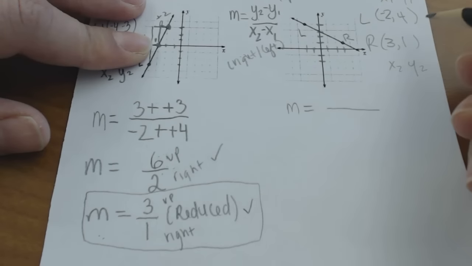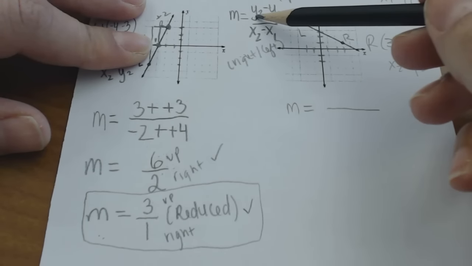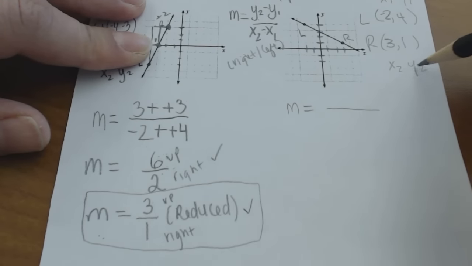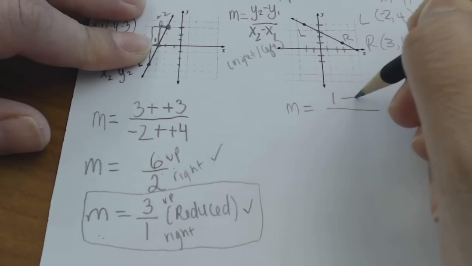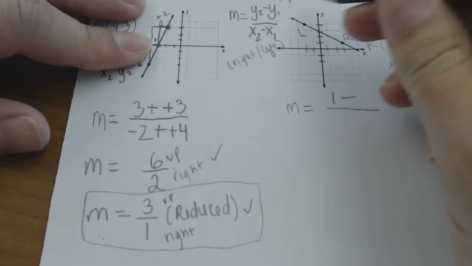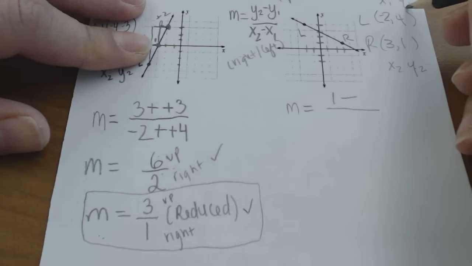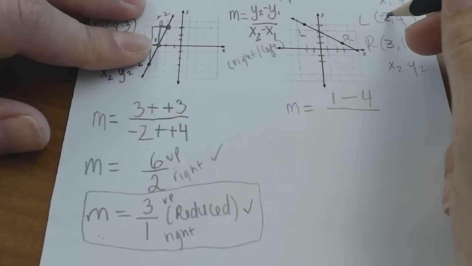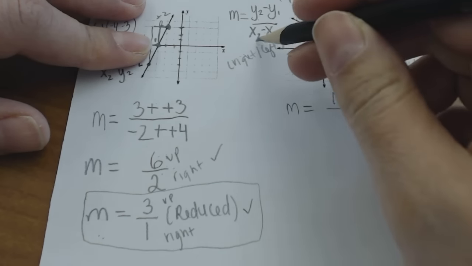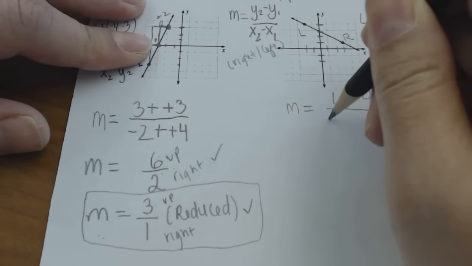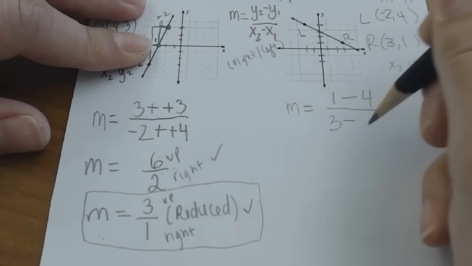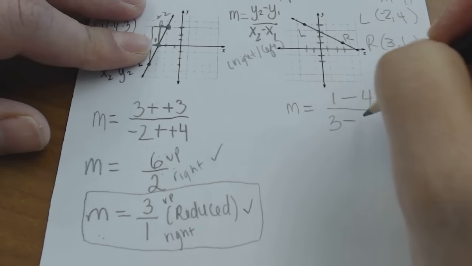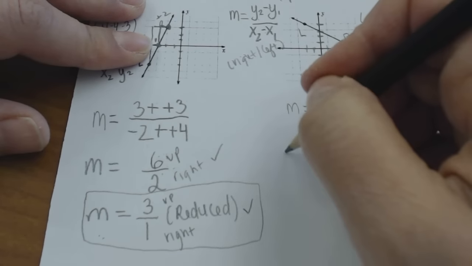M equals y sub 2, which is right here. So we're going to put 1. I automatically put a minus down. Y sub 1 is up here, 4. So again, we're going to be doing 1 minus 4. X sub 2 is 3. Minus automatically. X sub 1 is -2.